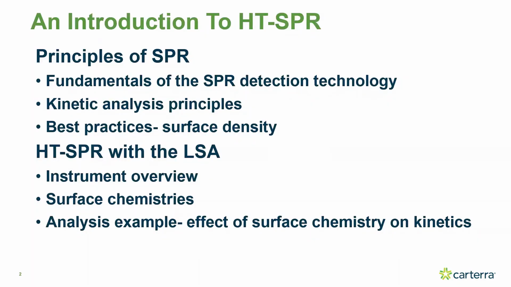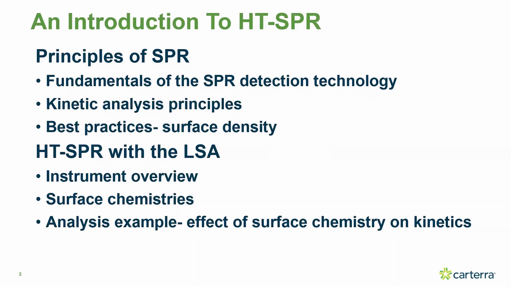So these are the topics that I'm going to talk about today. We're going to start off with the fundamental principles of SPR and go over how the detection technology works, and then go into a little bit about the basics of principles of kinetics analysis and what the rate constants mean and what curves should look like.